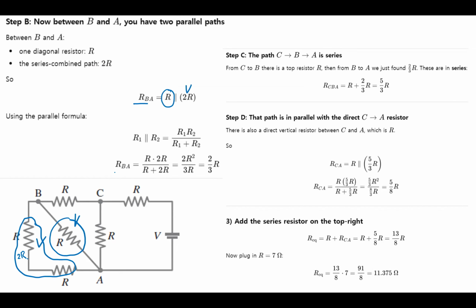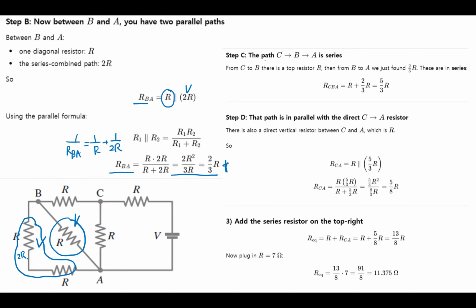So that RBA is going to be parallel with RBA. Okay, so we get this value.